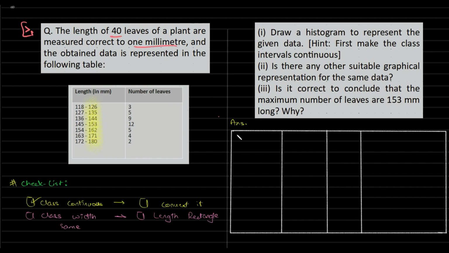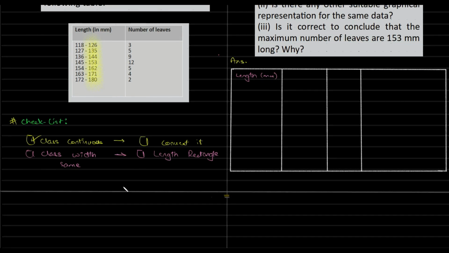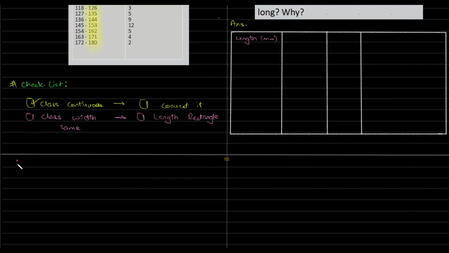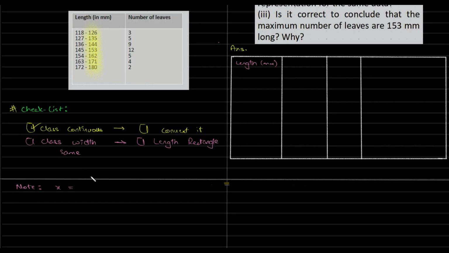Very simple. All we have to do is add and subtract a particular number. And which is that number? For that we need to do a calculation over here. X is equal to the lower limit minus the upper limit in the previous class.